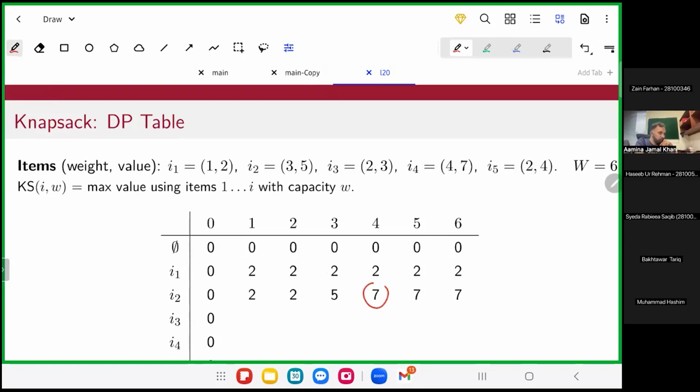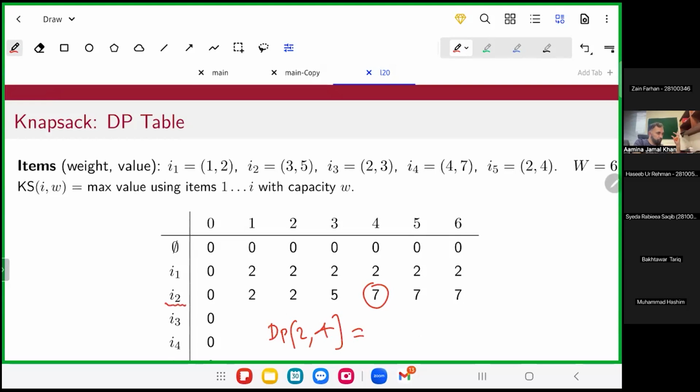So at this point, this is dp of 2 comma 4, right? On dp of 2 comma 4, you have to decide whether to pick item 2 or not.